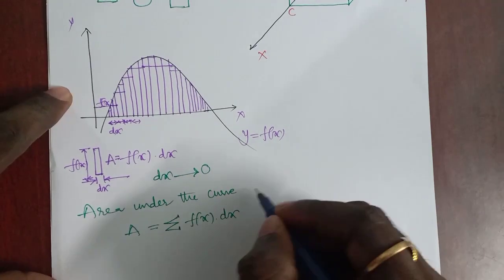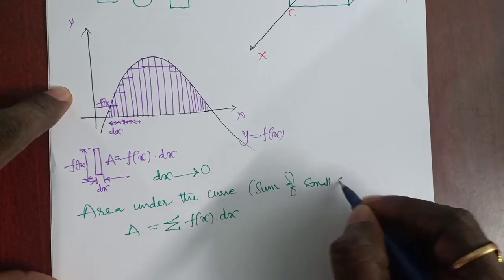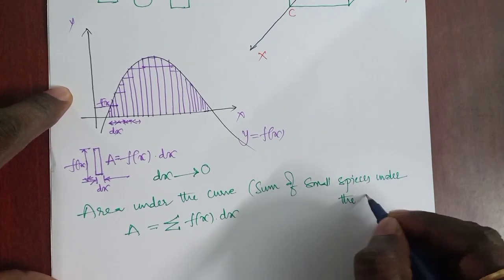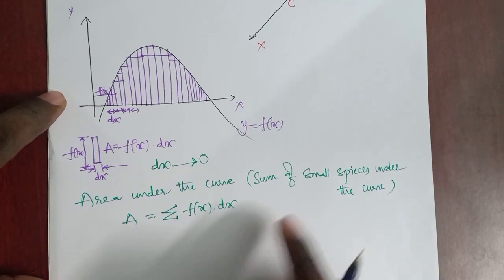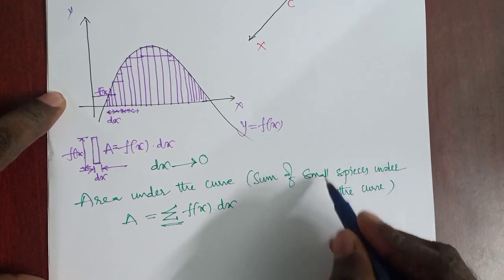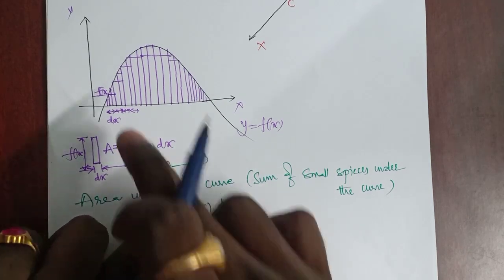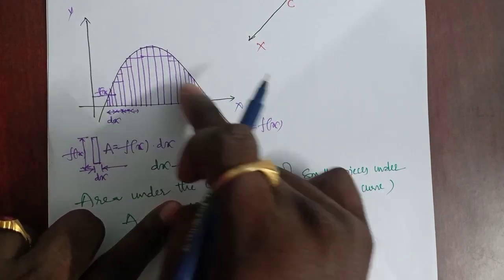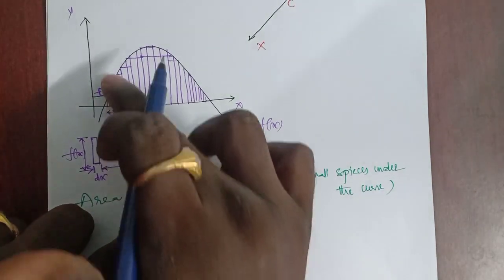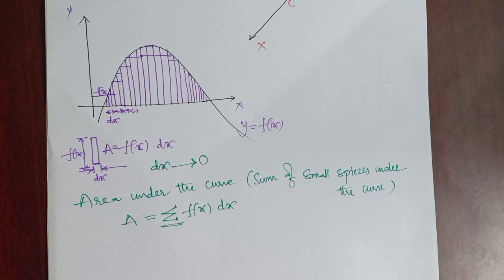It is the sum of small spaces under the curve. The area of each small space is f of x into dx. So it is the sum of small pieces under the curve.